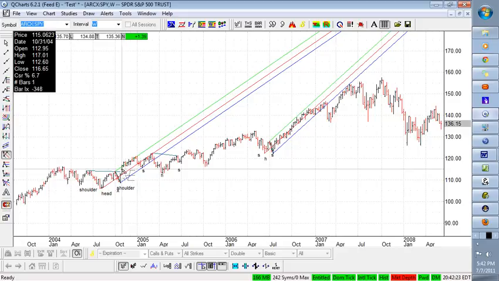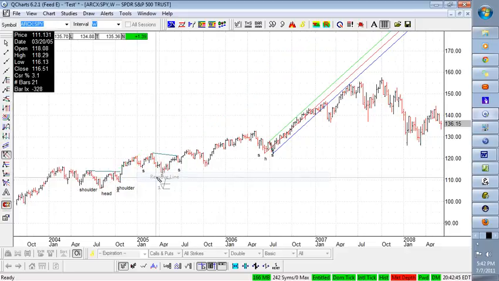One of the things that we know with Andrews is that if prices go up and make the median line and hang out above it, and then go down and break that lower parallel, the next time up, watch out, because then there's going to be a good down move. See here? Sometimes they go up to the lower parallel, or they go up to the median line and turn. Either way, same thing.